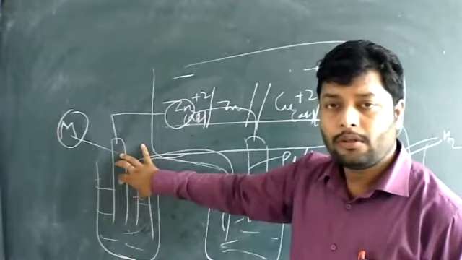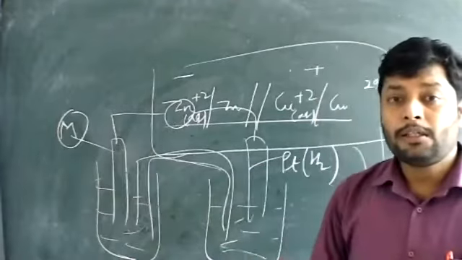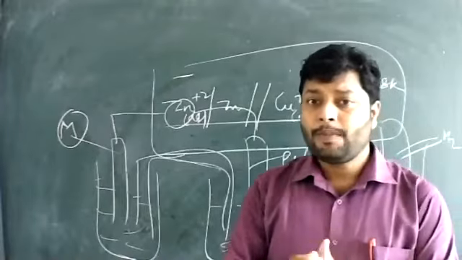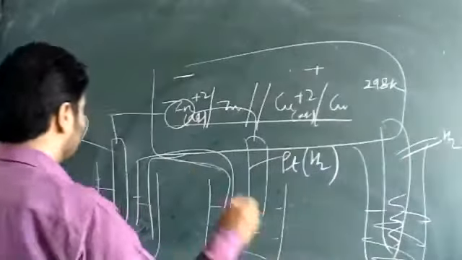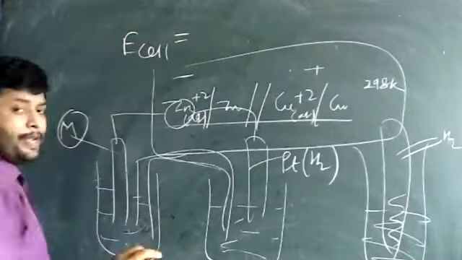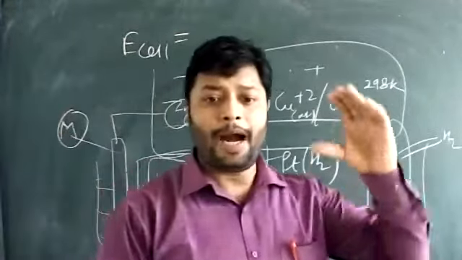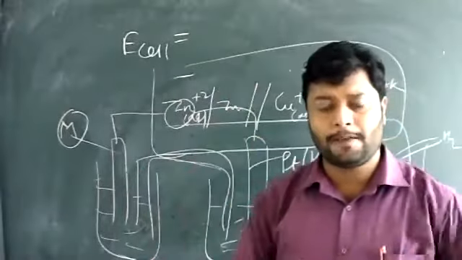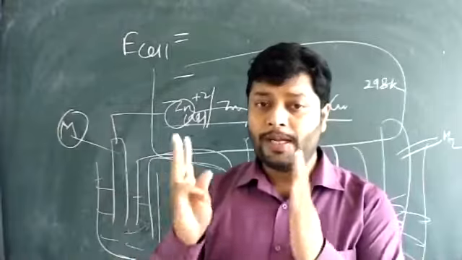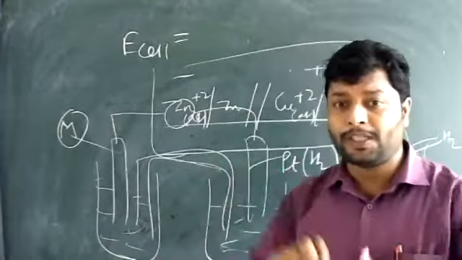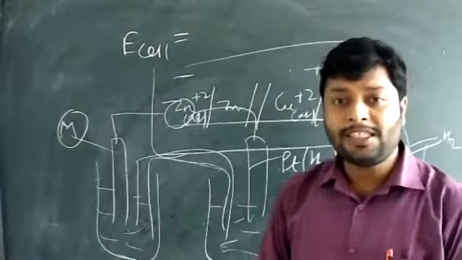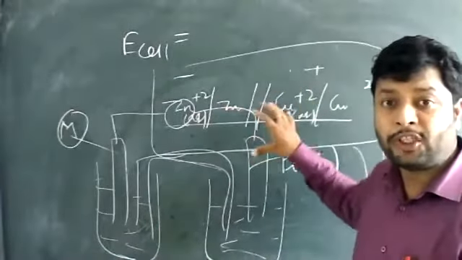How? With the help of the formula. The cell potential is always a difference of higher potential minus lower potential, and higher potential means the potential with a positive sign.